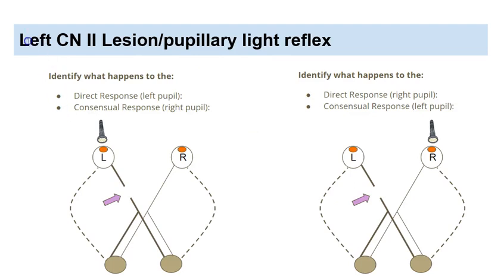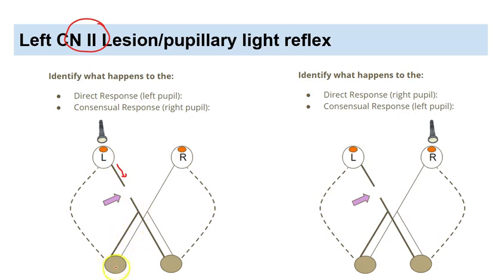Now, what about if our left cranial nerve number 2 has been damaged? Okay, so here again, you can see when we are going to shine the light to the left side, because the cranial nerve number 2 on the left side has been damaged, the signals cannot reach the brain.